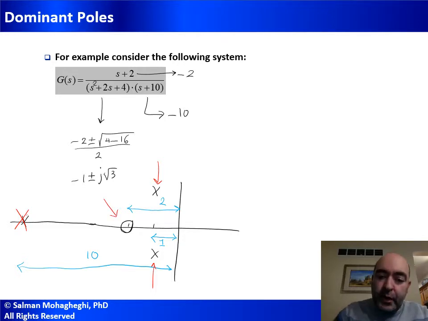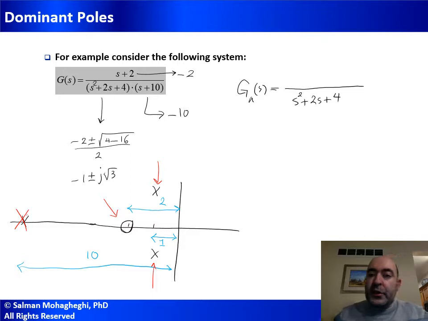So I will approximate this with a G of s approximate, which is equal to, I will only have 2 poles associated with the term s squared plus 2s plus 4. I will still have my 0, but now I got rid of that s plus 10, that pole at minus 10.